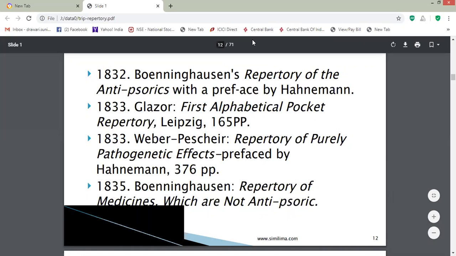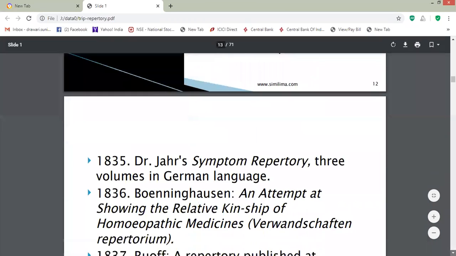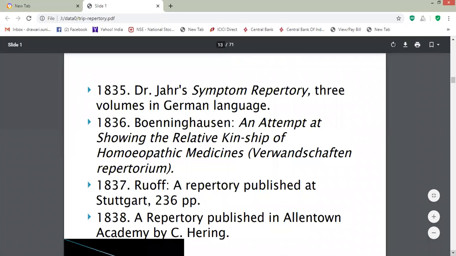Then in 1835, Boenninghausen's Repertory of Medicines which are not Antipsoric, or Repertory of Apsoric Remedies. It was also called Repertory of Apsoric Remedies. Then in 1835, Dr. Jahr's Symptom Repertory, 3 volumes in German language.